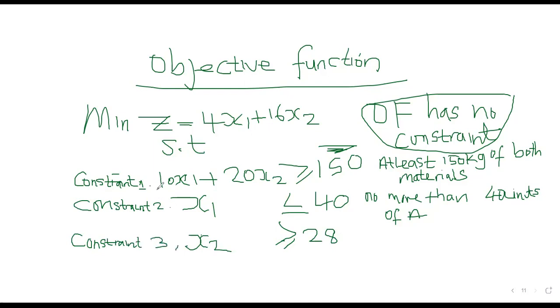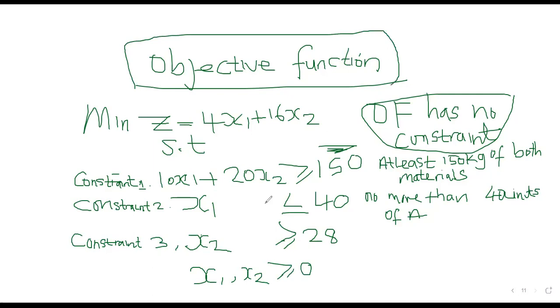So now the other thing to take note of is that x1 and x2 should be greater or equal to 0. So this is our LP formulation that we are looking at.